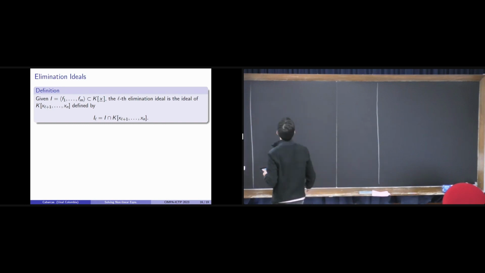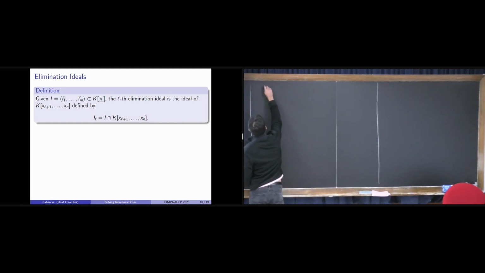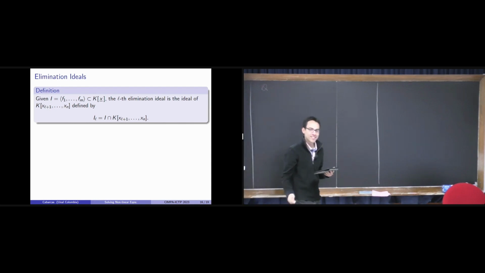I'm going to do it on the rationals, because then I can draw a picture and give you an idea. And just to make it simpler, I'm going to eliminate the variable z. So I'm going to put z at the beginning. In this case, z is going to be the largest variable, and that's the one I'm going to eliminate.